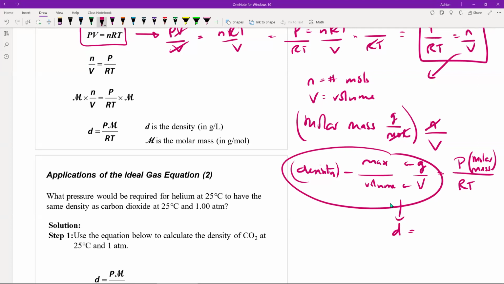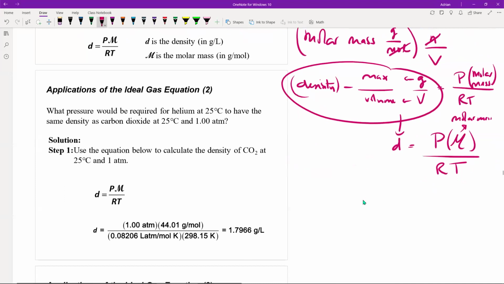The density is equal to the pressure times the molar mass, which we'll abbreviate as M, divided by gas constant times the temperature, and again, our density there is in grams per liter, and the molar mass, as usual, is in grams per mole. So we can relate, using the ideal gas equation, the density of a gas to the molar volume of that gas. You see an example down here.